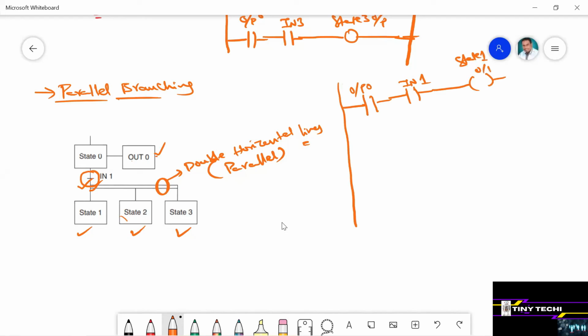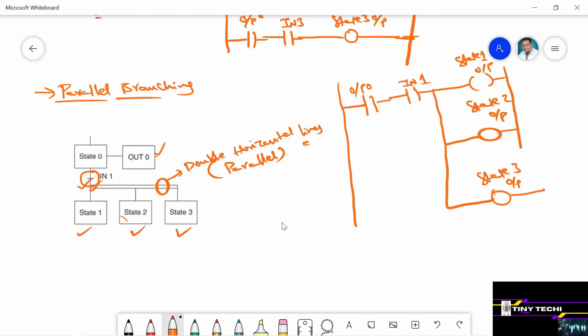State 1 output, state 2 output and state 3 output are connected in parallel.